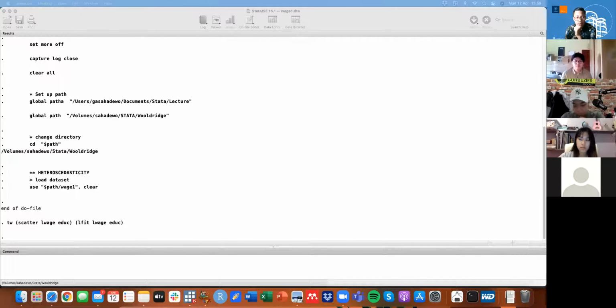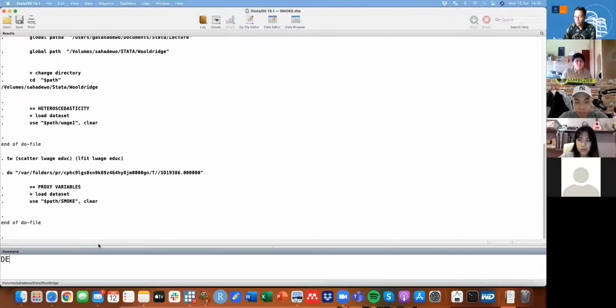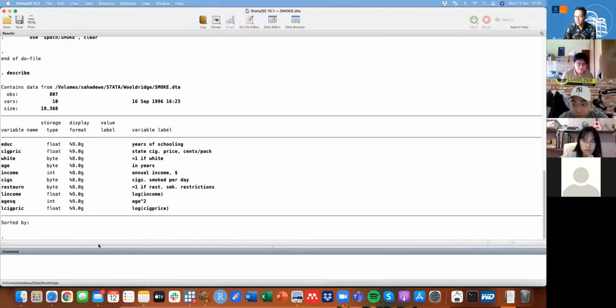Now for this particular example, I'm going to use the smoke data. The smoke data provides you with variables that correlate with the number of cigarettes smoked per day.